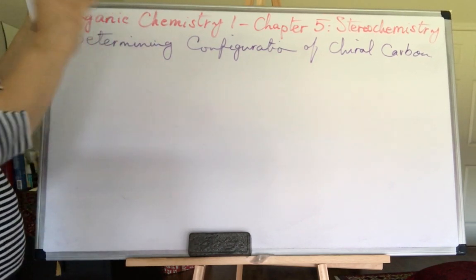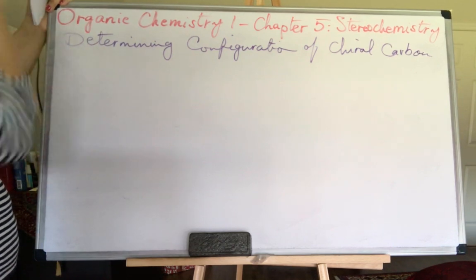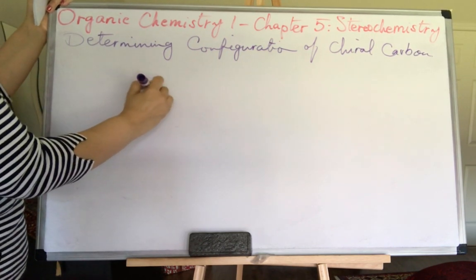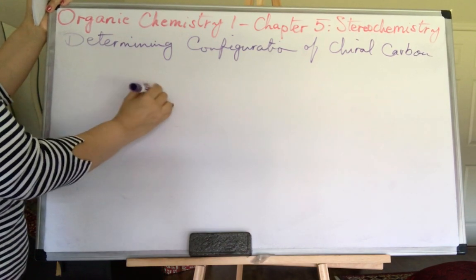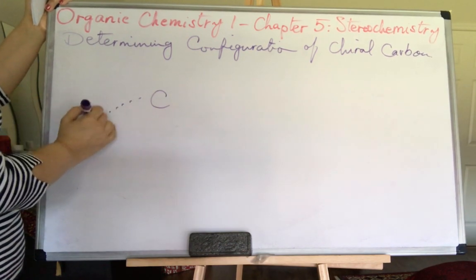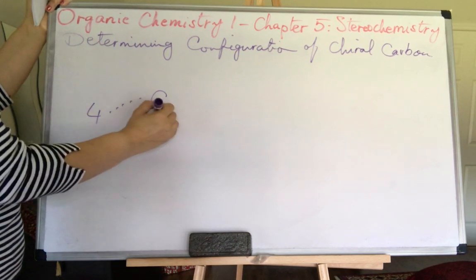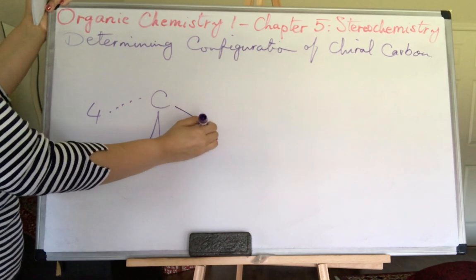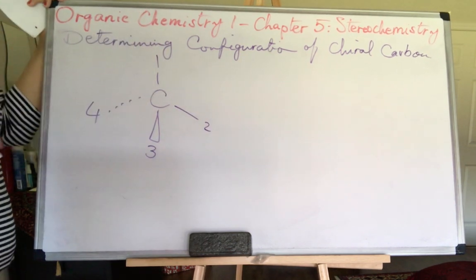Imagine, I just go with numbers now, just like what you have on page 4. Let's say we have a carbon here, a group, numbering system like this.